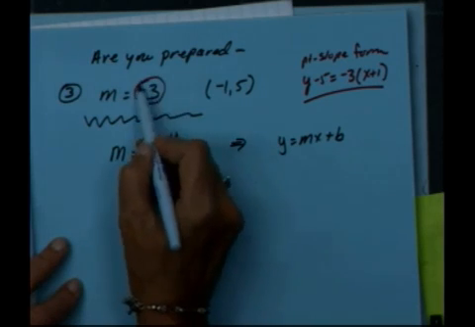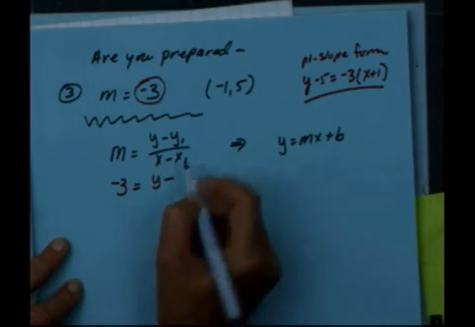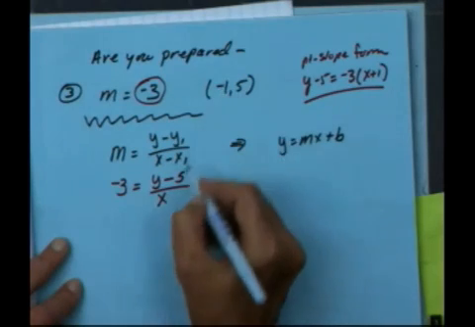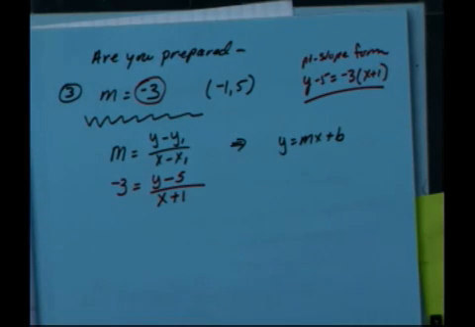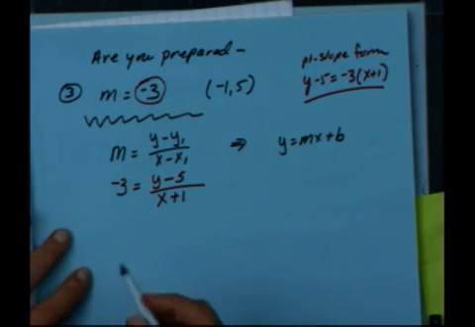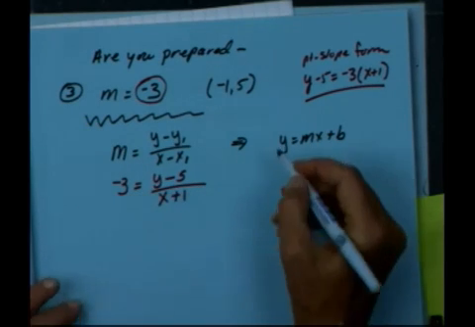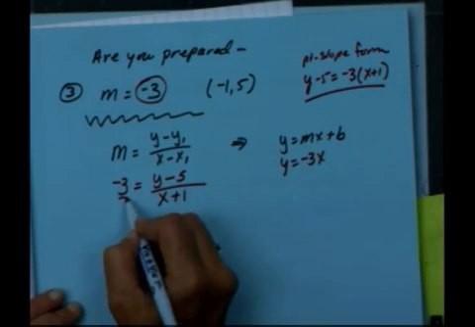So he put -3 for m, y minus the y coordinate equals x minus a -1, which became a +1. All right, so everything's great so far.